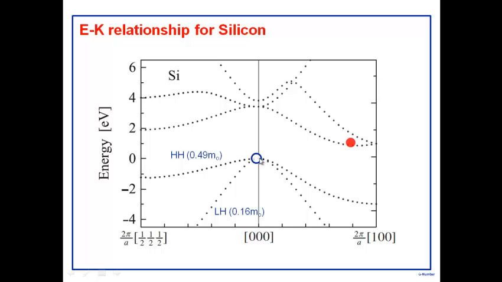So when you create holes in your semiconductor, the holes will go in both the light hole band and the heavy hole band, because both of them are degenerate here. We will not bother about this, but I just wanted to introduce the fact that EK diagrams for a real semiconductor are far more complex.